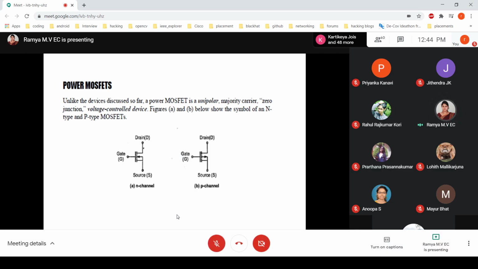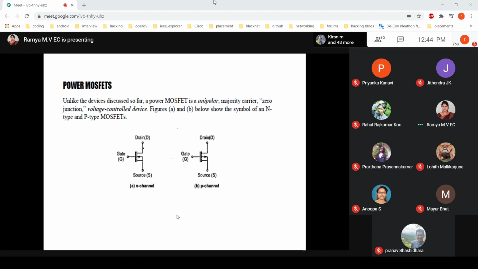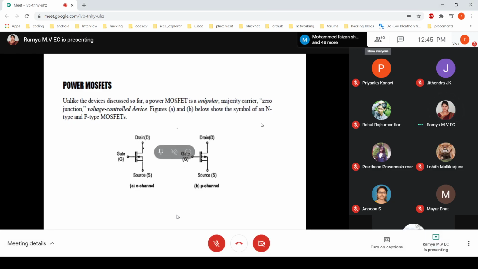If I consider the transistor, it is a current control device, where the base terminal controls the flow of the current. Here the gate terminal will be controlling the device.